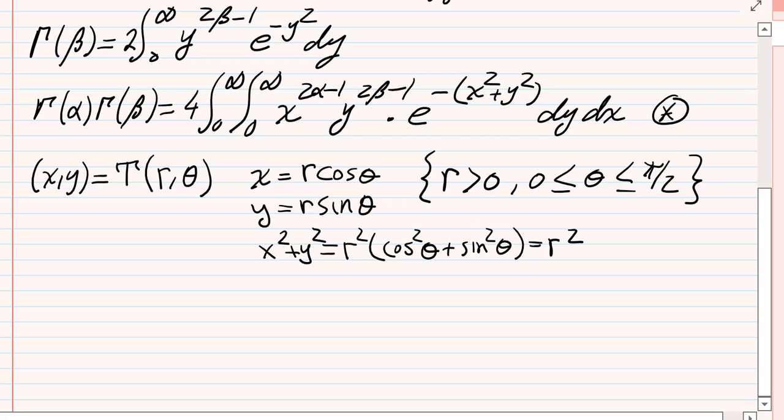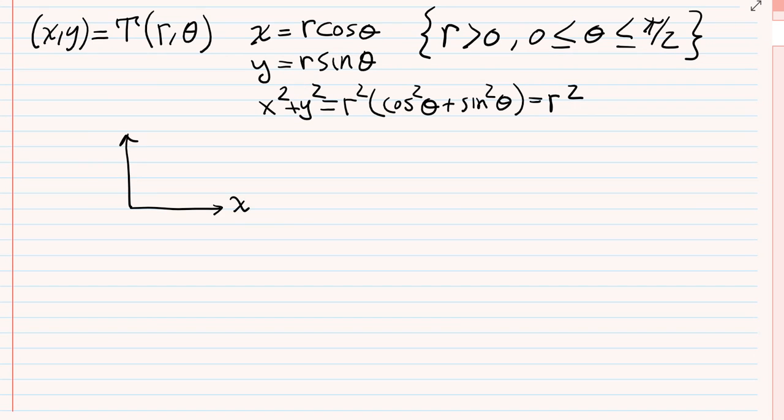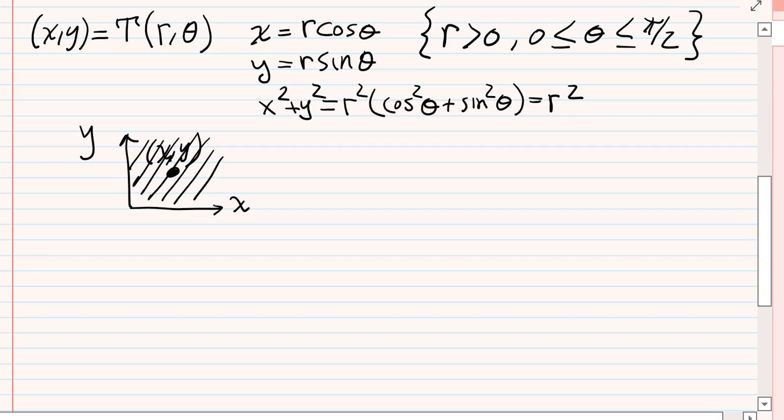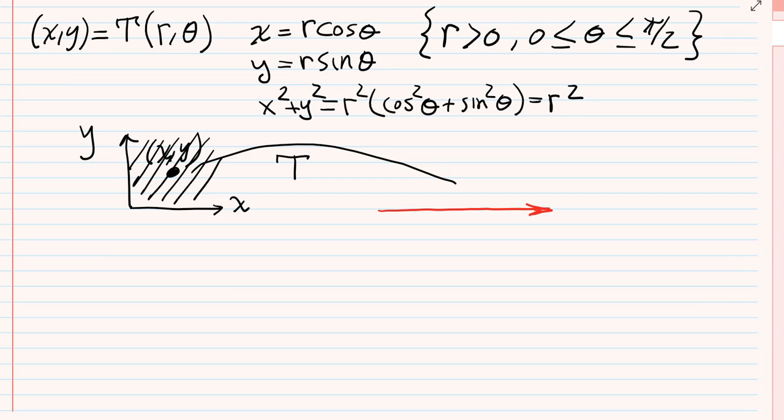Okay, that is in polar coordinates. Now geometrically, what we have done is, in fact, we have taken a point in the xy coordinate system. Remember, x, y are both positive, 0 to infinity. So a point on the xy coordinate system is then transformed through our transformation into a point that is represented in polar coordinates. And if you recall, the polar coordinates is just a half ray that emanates from the origin.